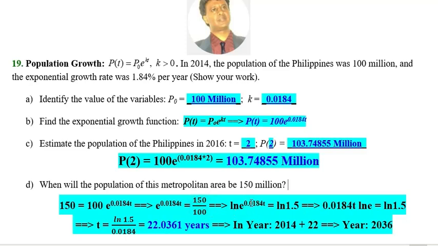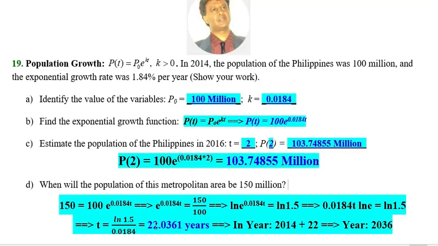Then bring the 0.0184t down, that is 0.0184t ln e equals ln 1.5. ln e is 1, so that is t is ln of 1.5 over 0.0184, which is equal to 22.0361 years.